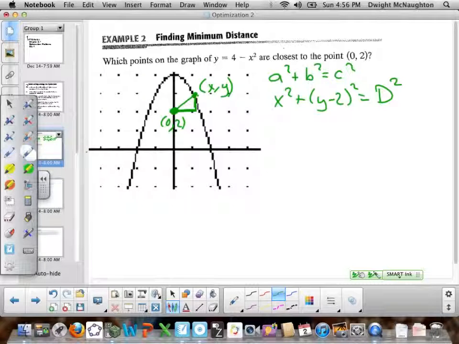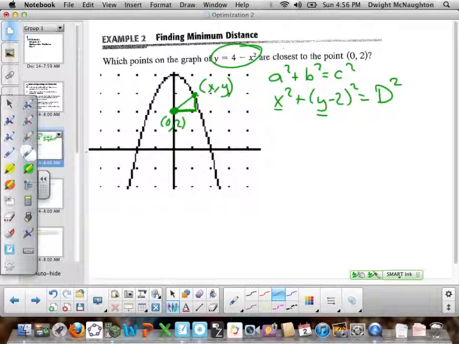Now this equation for distance has x and y. We want to get rid of one of those. And to get rid of one of those, we're going to use our secondary equation, which they gave us. There's our secondary equation. Our primary equation is for distance, because we want to know what's closest. So that means we want minimum distance. And our secondary equation is y equals 4 minus x squared.